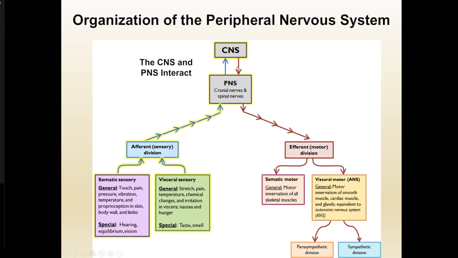And remember one thing, the central nervous system and of course the peripheral nervous system are in tight communication. And when we talk about peripheral nervous system, PNS, this consists mostly in cranial nerves and spinal nerves.